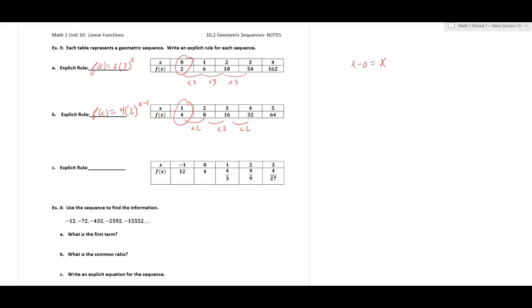Now, if I am given a choice to start anywhere, I always look for the 0 term. To me, that's just the easiest one to use if it's given.